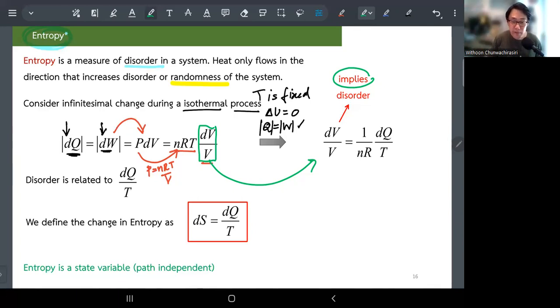Kids will be running around like crazy, right? But then let's say suddenly the playground expands, so there are more places for kids to run around. Let's say the area of the playground doubled in size. So now your kids will run even further away from you, and they go crazy, right? So that's why I'm saying that it implies disorder.